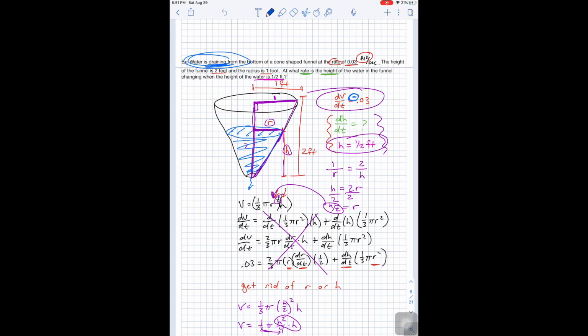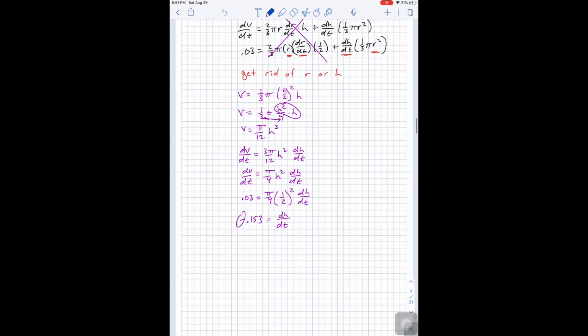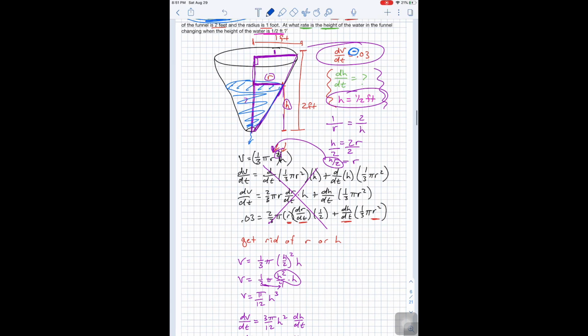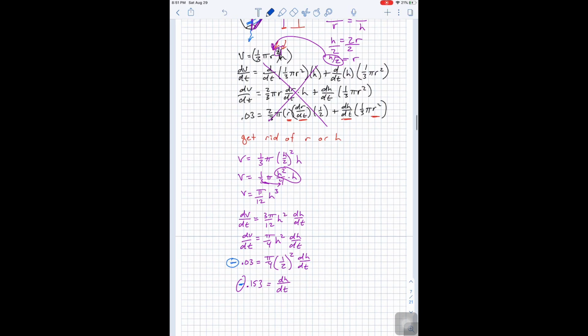Okay, so anytime something is decreasing in volume, you give it a negative sign. And that means that when you plug this in, this is a negative, and that makes this a negative. Now, it's a funny thing, these signs. There's two ways to do this. You either assign a negative sign because it's draining, and then your answer ends up being a negative because the height is decreasing.